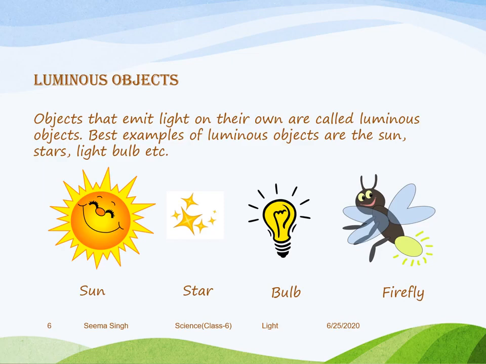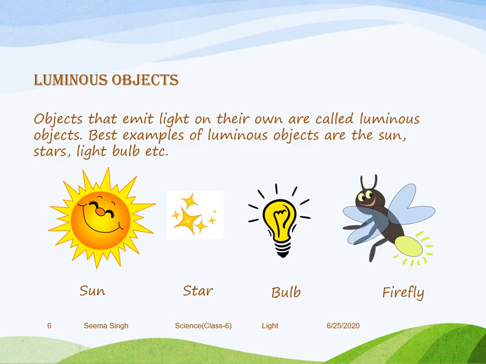We can see the objects that emit light on their own, that have their own light, are termed as luminous objects. They are not reflecting the light of another. They have the origin of light of their own.